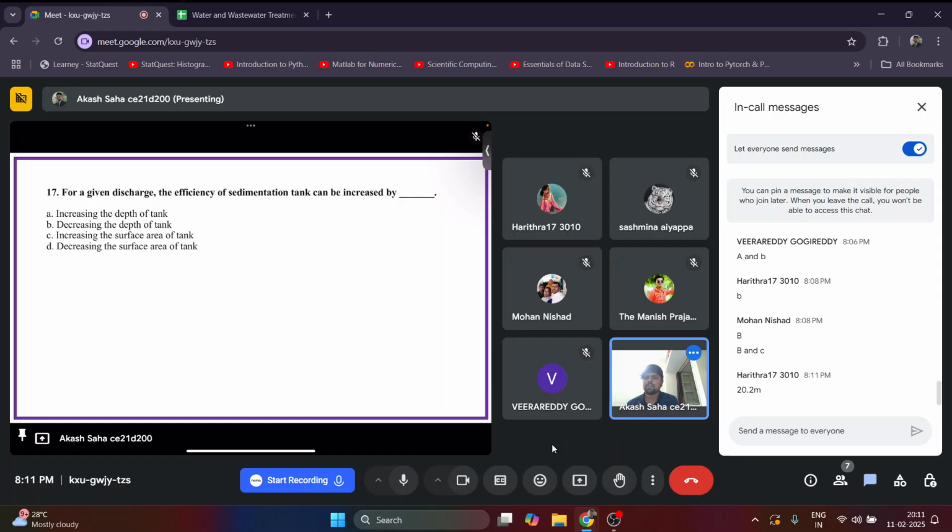Next question. For a given discharge, the efficiency of sedimentation tank can be increased by increasing the depth of tank, decreasing the depth of tank, increasing the surface area of tank, decreasing the surface area of tank. So how can you increase the efficiency of sedimentation tank?